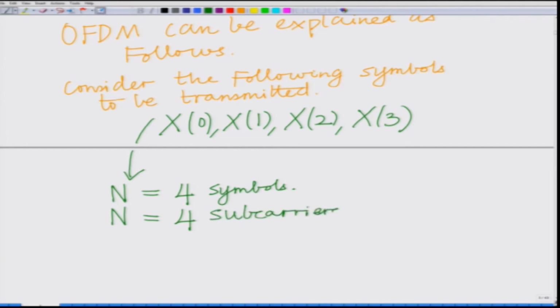This capital N is an important parameter in this OFDM system. We are going to use capital N equal to 4 symbols. These are denoted by capital X0, capital X1, capital X2, capital X3. It is important to note that we are representing them by capital X, because we will use small x to represent something else. So, we have capital N equal to 4 symbols, and also this is known as capital N equal to 4 subcarriers.